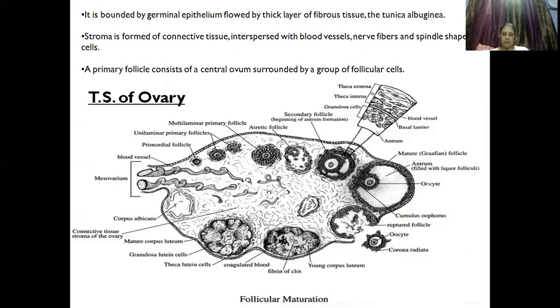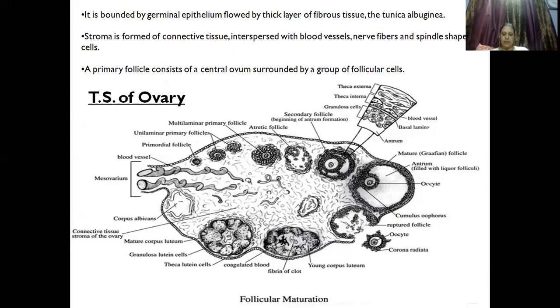Now, the cells of the germinal epithelium give rise to groups of oogonia projecting into the cortex in the form of cords called egg tubes of Pflüger. Each cord at its end has a round mass of oogonial cells called egg nests, from which the primordial ovarian follicles develop.